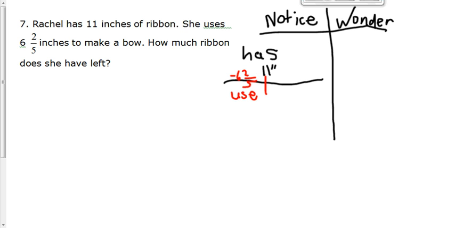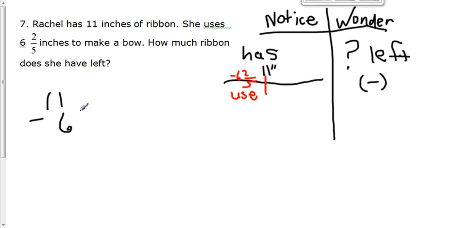And what we wonder is, how much is she going to have left? Based on this, we're going to have to do a subtraction of fractions. So we'll start with what we have. She has 11, and we want to take away 6 2/5.